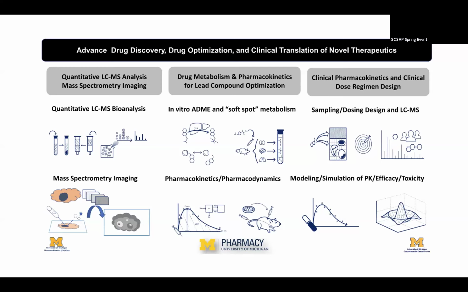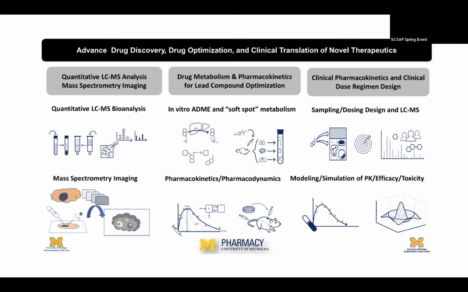Aim two is to help the University of Michigan drug discovery community optimize lead compounds to advance to the clinical stage. So we do preclinical pharmacokinetic studies, drug metabolism, soft spot identification, and pharmacokinetics in animal models.